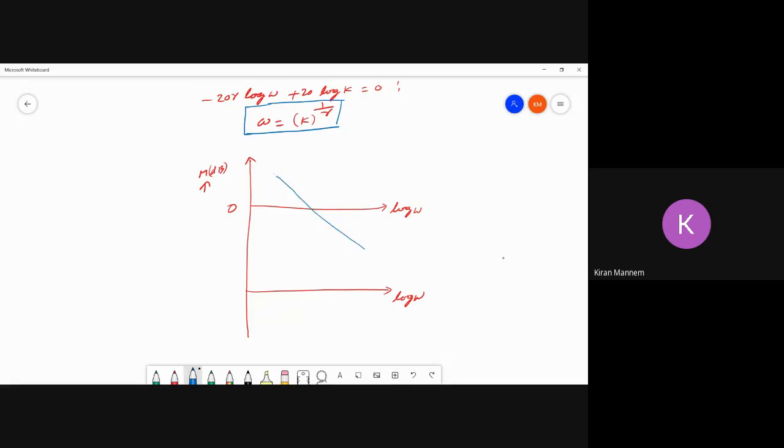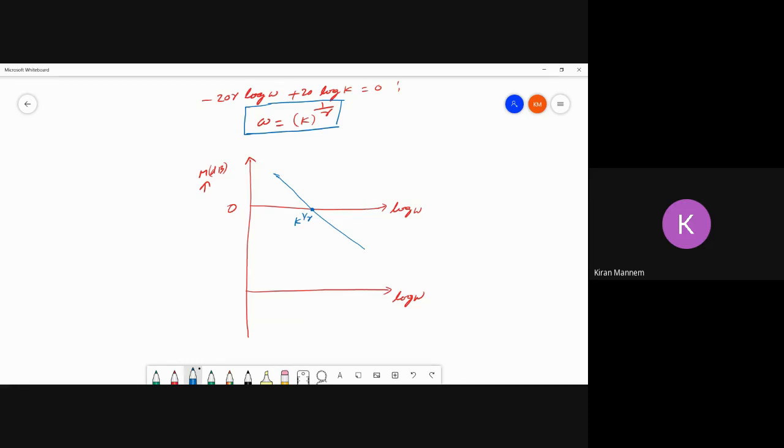This point is where omega equal to k whole to the power of 1 by r, the point where you are touching the 0 dB line.